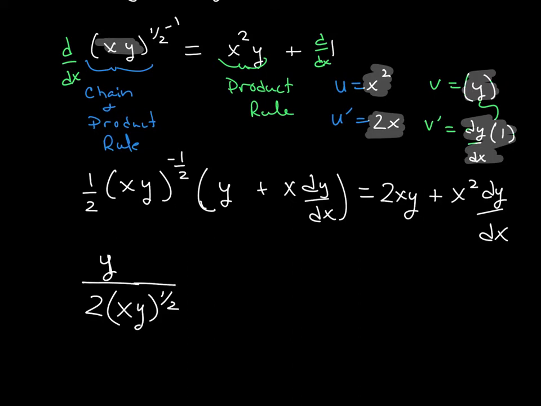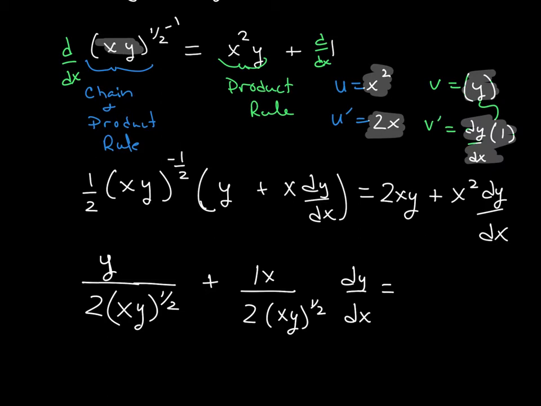Then I'm going to do the same thing and multiply it times x dy dx. When I do that, I'm going to have it be plus 1x all over 2 xy to the 1/2 power dy dx.